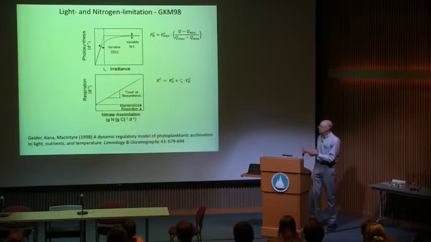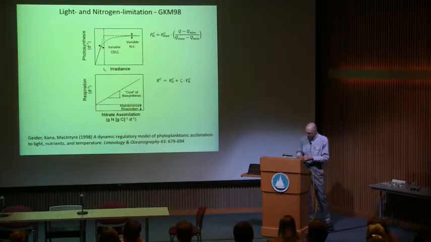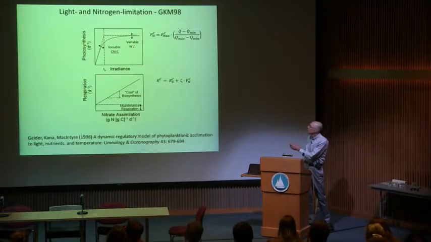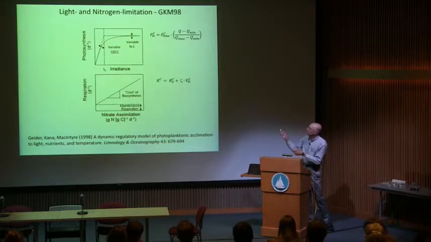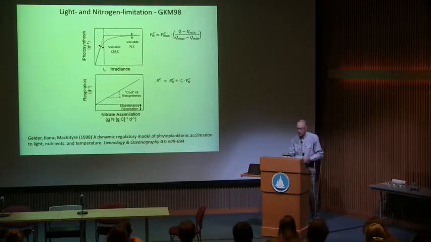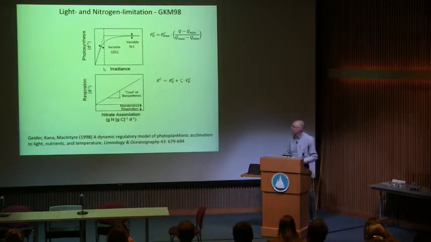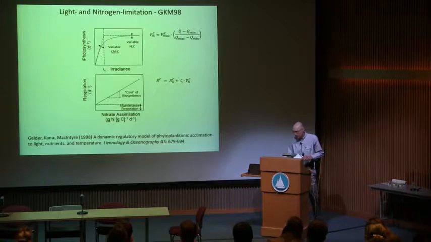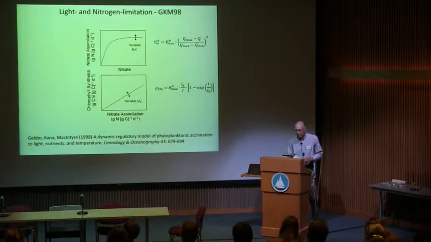So for photosynthesis, we just have a photosynthesis light curve with a maximum rate that depends on the nitrogen-carbon ratio and is downregulated as nitrogen drops. And the initial slope depends on the chlorophyll to carbon ratio and increases as chlorophyll content increases, very straightforward. Respiration has a maintenance component and a cost related to nitrogen assimilation.